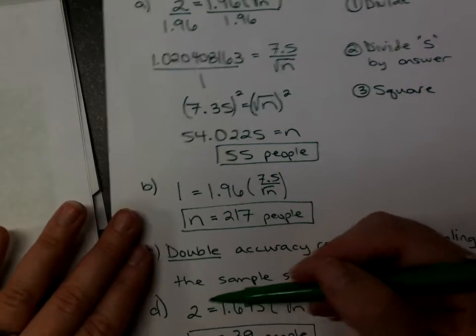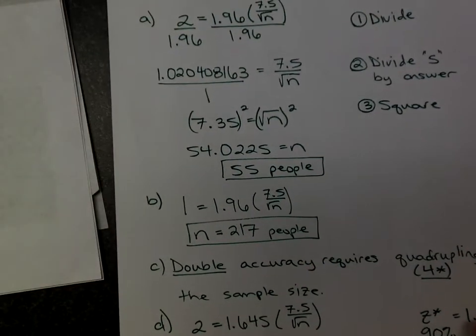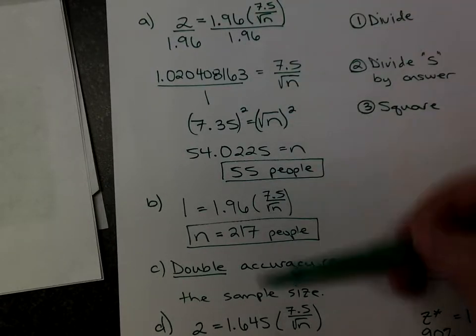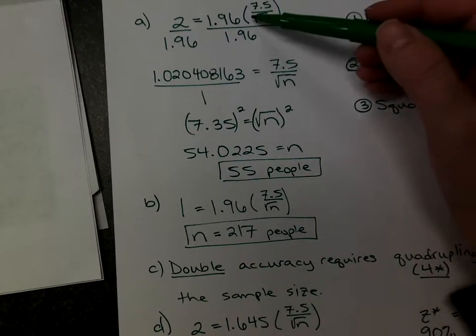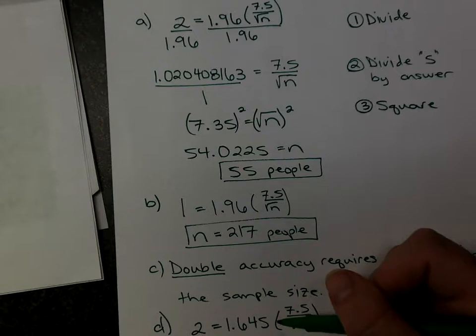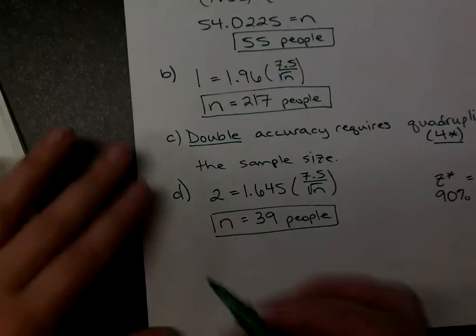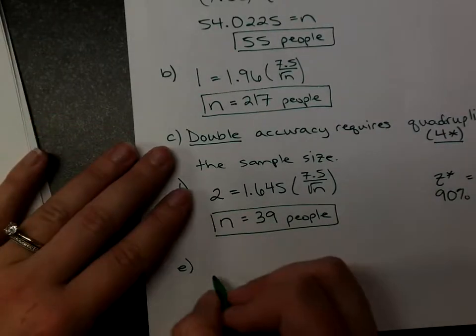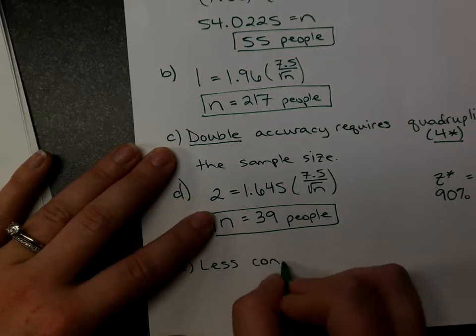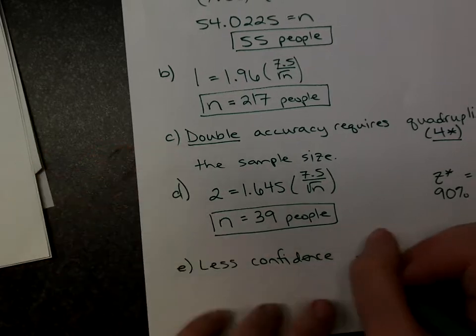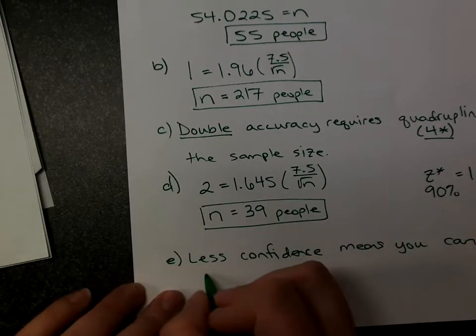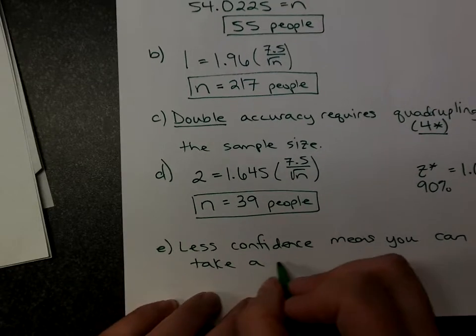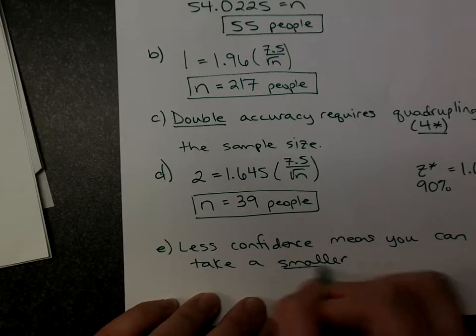So the margin of error is the same as it was for part A, 2 hours and 2 hours. The difference is the critical value because of the level of confidence. So at first I wanted 95% confidence. I wanted more confidence. And in part D, I only need 90% confidence. That's less confidence. Everything else is the same. So this means that less confidence means you can take a smaller sample.